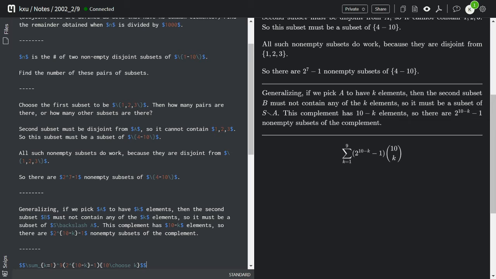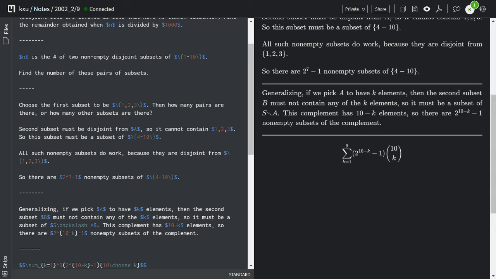Now, I said before that we have to be pretty careful about overcounting, and in fact, this is the case. We can notice that we overcount because we're working with a set and its complement.